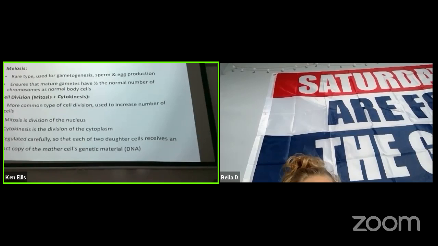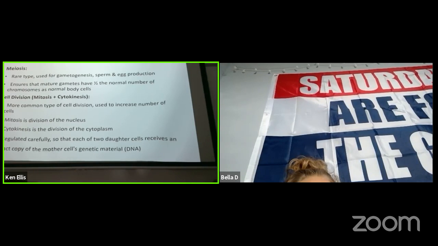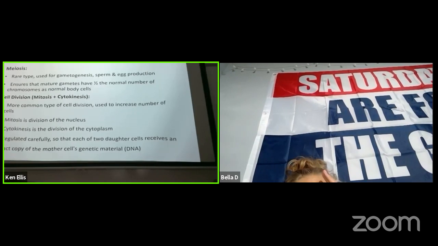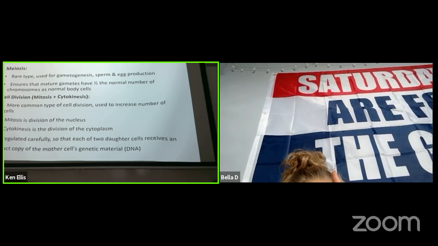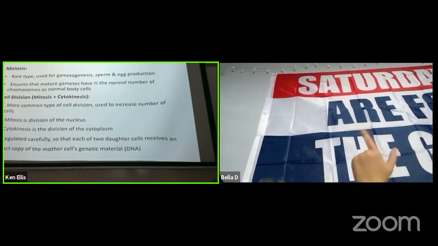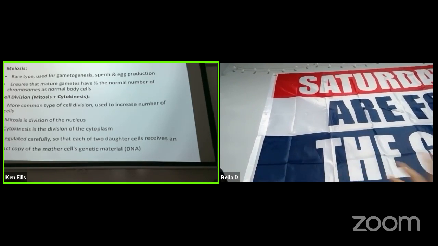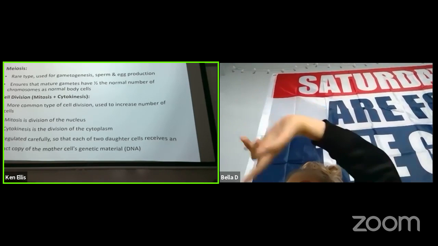That's a different process that we'll go over again later in reproduction. For now, the more common type of cell division is mitosis, basically used to increase the number of cells. Mitosis is division of the nucleus; cytokinesis is division of the cytoplasm. They take place at the same time. One overlaps the other, but they're two separate processes. One is dividing the nucleus, the other is dividing the cytoplasm and all its constituents.